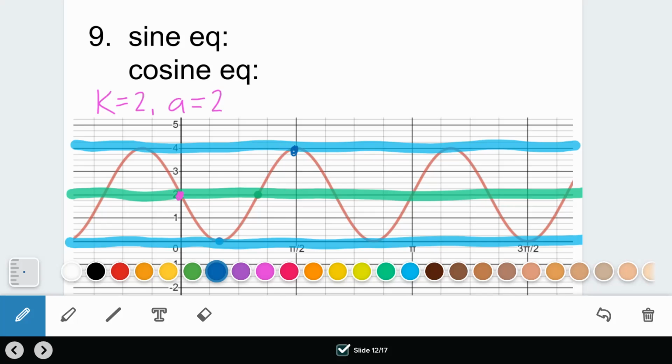Now, I also need to figure out the period for this so that I can figure out my b. So for this, I'm trying to find values that are easy for me to distinguish. So what I notice is this low right here is going to be at negative pi/2. And this over here is at 3 pi/2.